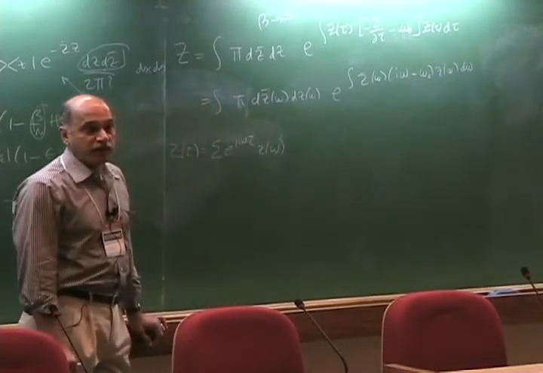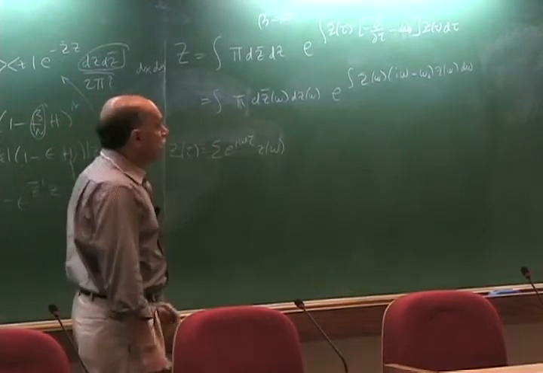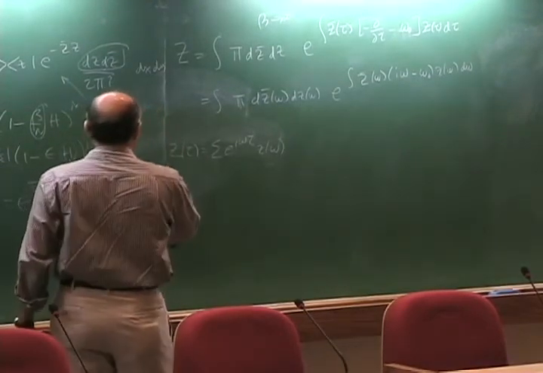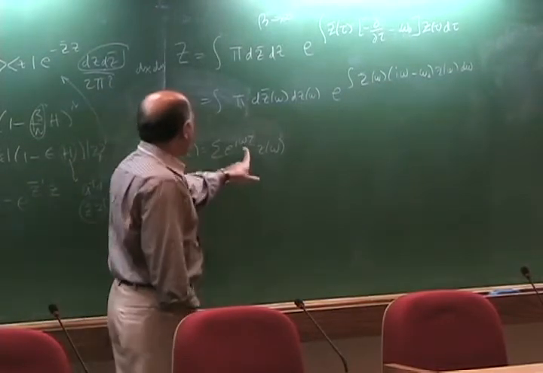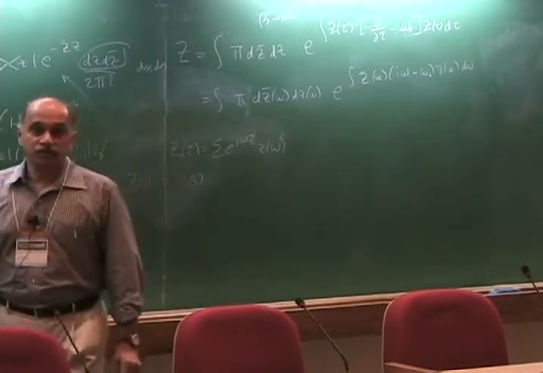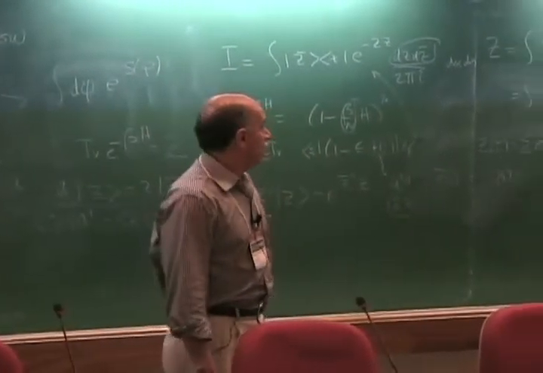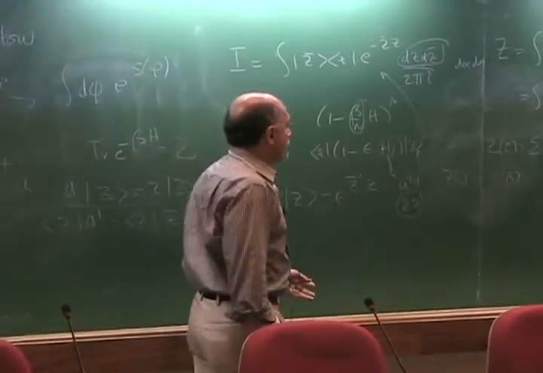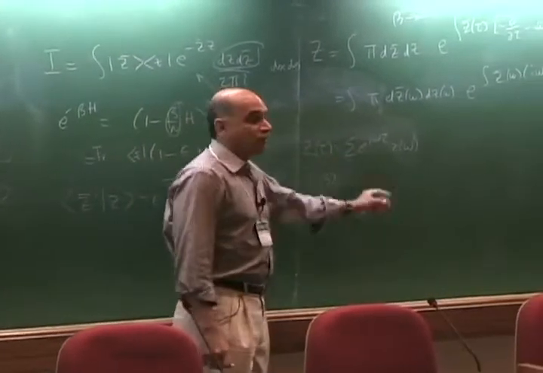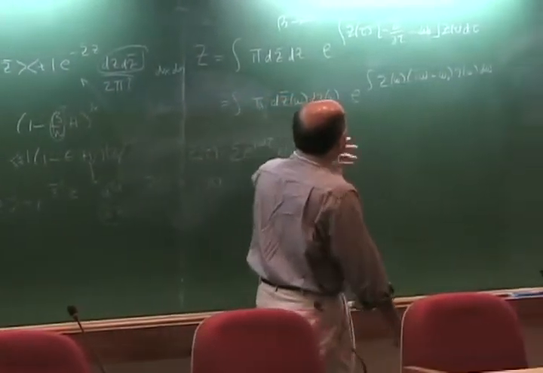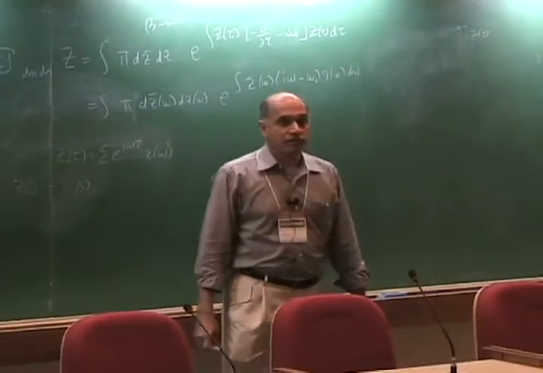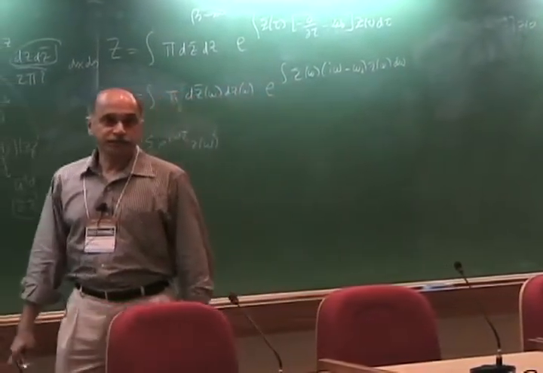If you're working with finite time, since you're taking a trace, you want z of 0 to be equal to z of beta. That will quantize omega to discrete values. That will guarantee the periodicity. When beta goes to infinity, we don't worry about it because all omegas are allowed. That's why this is an integral over omega rather than a sum. Zero temperature.